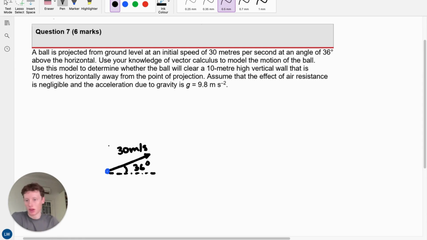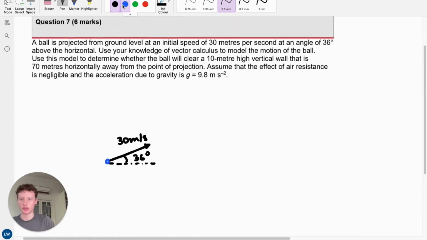So this represents our initial velocity with both components, but we can then separate this out into an initial velocity in terms of our I direction, and an initial velocity in terms of our J direction. In the I direction, it's going to be 30 because that's the hypotenuse of this triangle here.